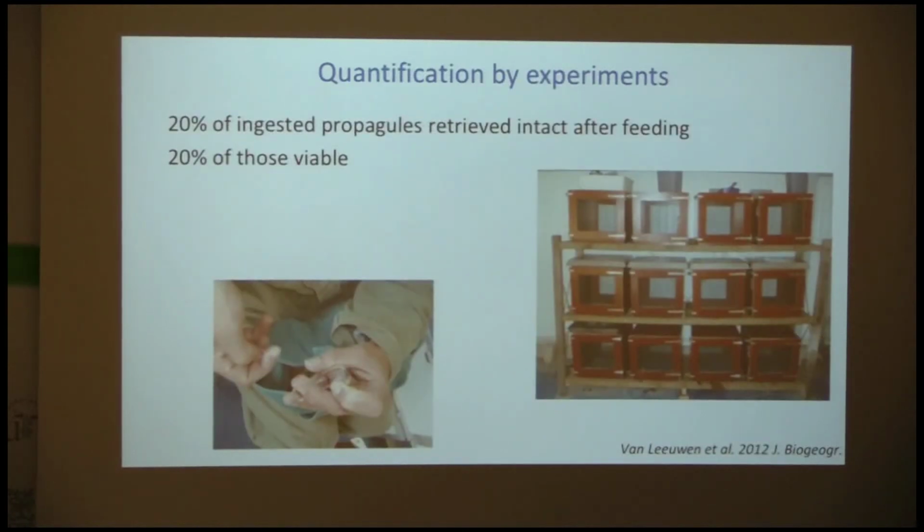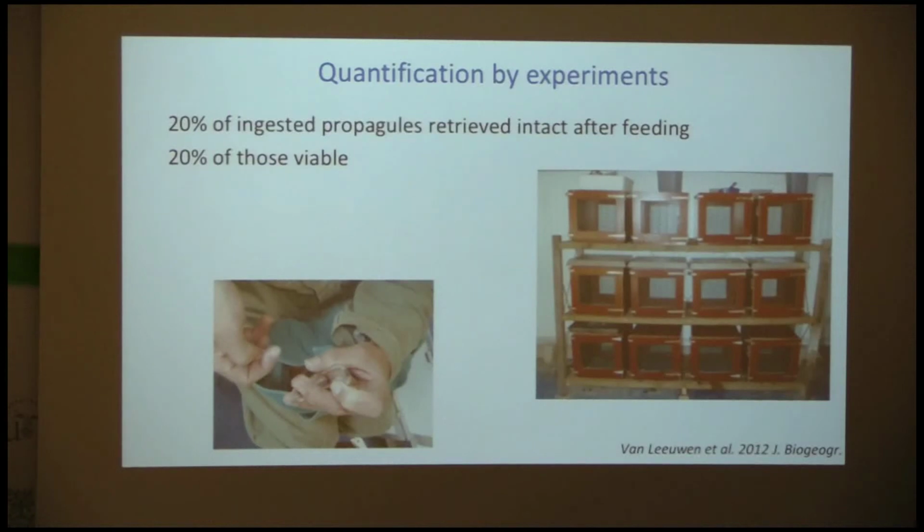Then I also reviewed the experiments that people had been doing until then, taking a bird, feeding it seeds or invertebrates, and watching the defecation and how many invertebrates or plants would be excreted. They found that about 20% of all the seeds that you would feed to a bird, you would also retrieve in the droppings.